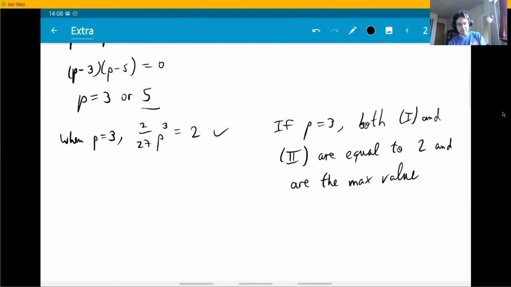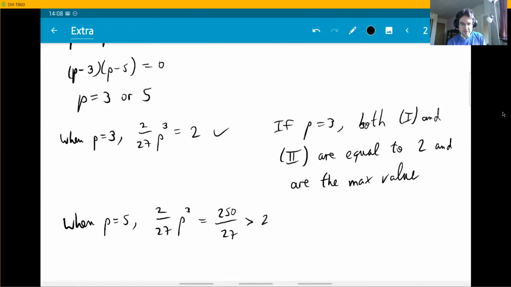However, for this other value of p here, p equals 5, when p equals 5, this other expression, 2 over 27 p cubed, what is that? 5 cubed is 125. So 250 over 27, whatever this number is, that's going to be larger than 2.